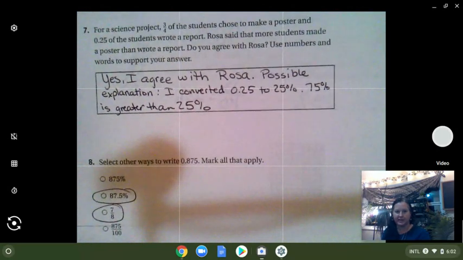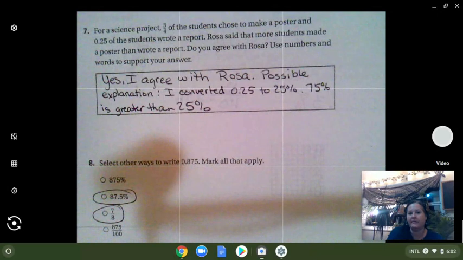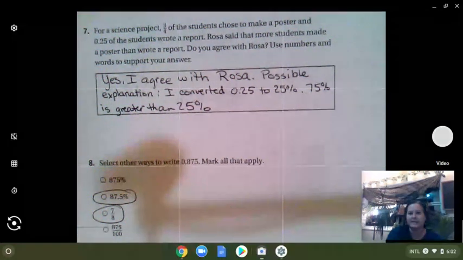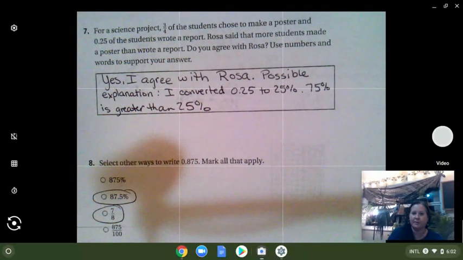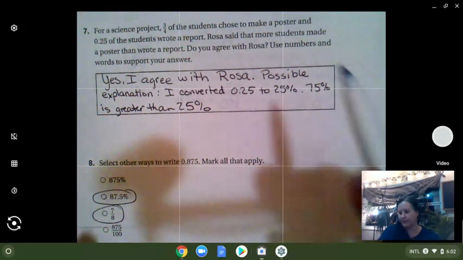For a science project, 3/4 of the students chose to make a poster, and 0.25 of the students wrote a report. Rosa said that more students made a poster than wrote a report. Do you agree with her? Use the numbers and words to explain. So I agree with her that yes, she said that more students made a poster.